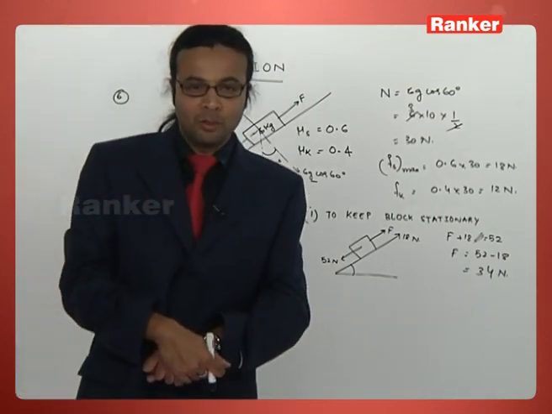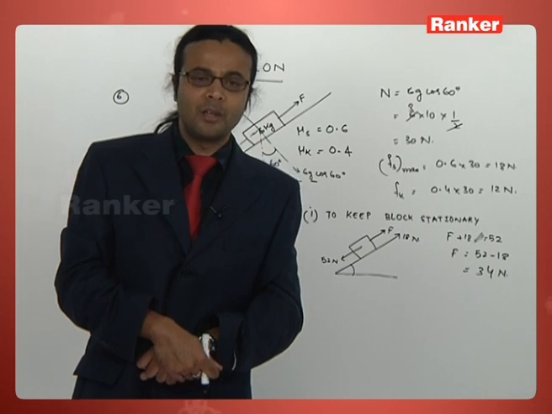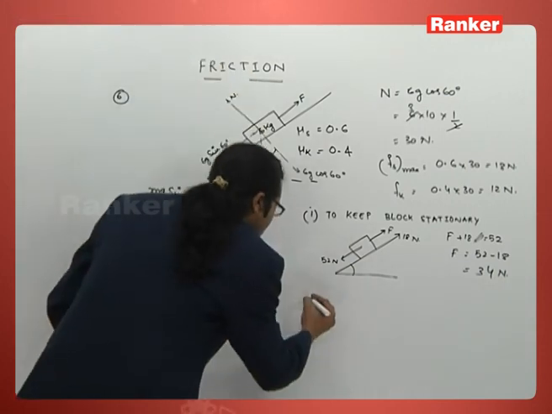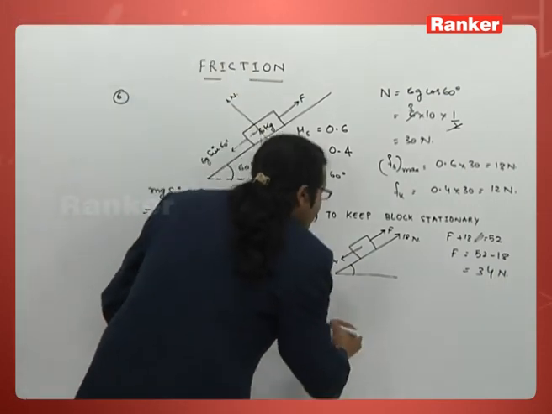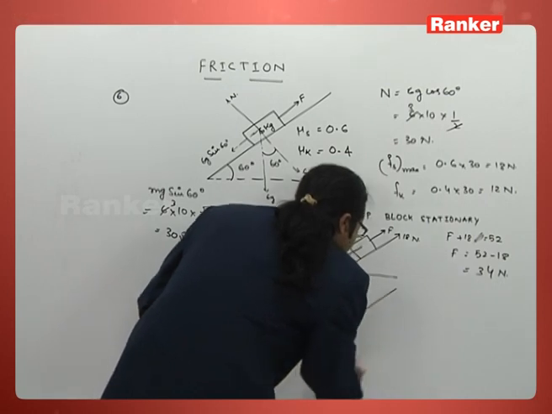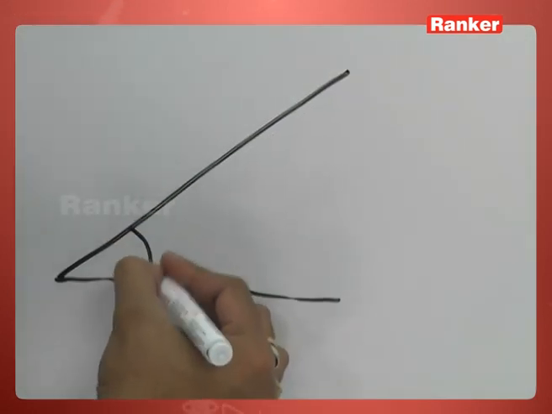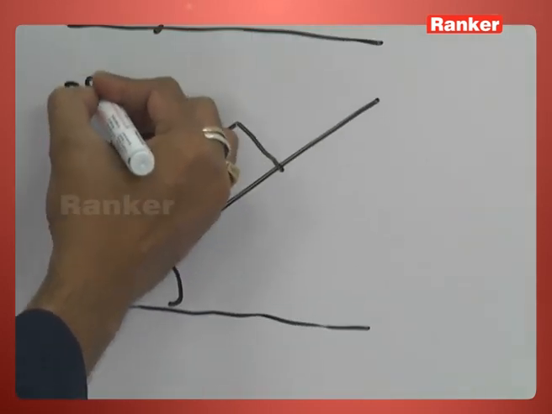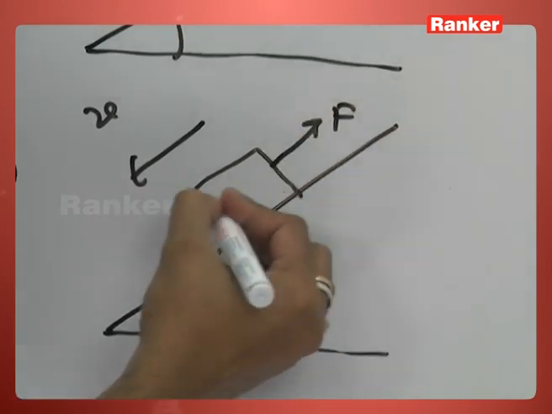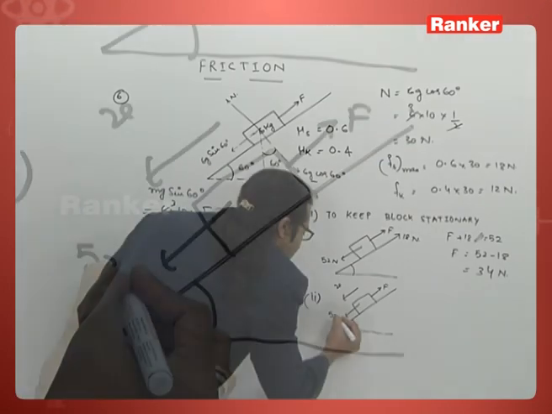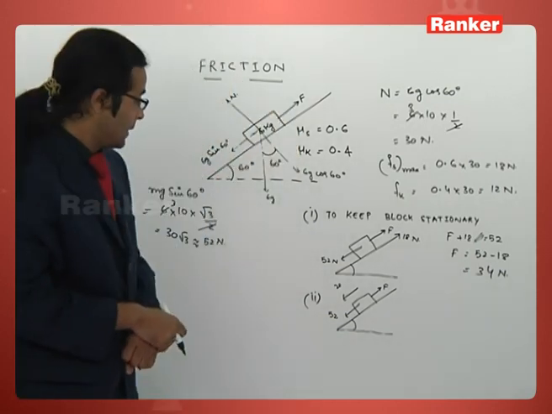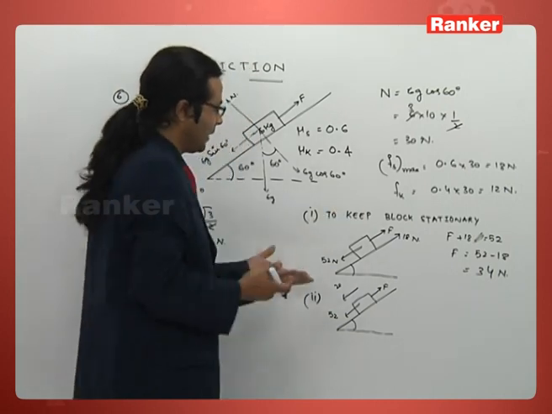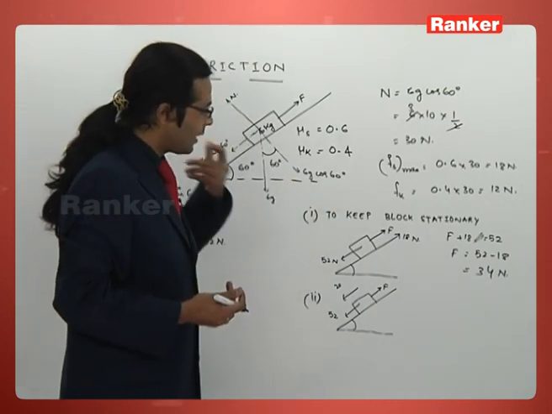Bit 2, move the block downwards with constant velocity. Now, to move the block downward with constant velocity, obviously it is in slipping condition and the body has already slipped.